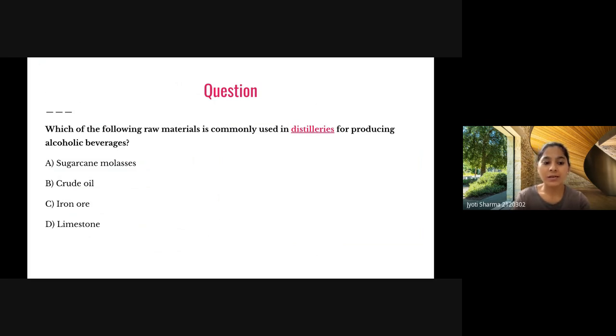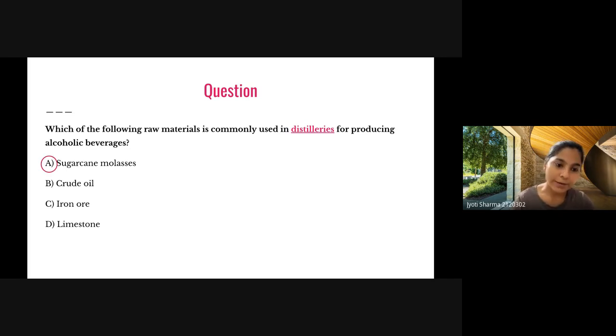Sugarcane molasses, crude oil, iron ore, limestone. I think this answer is very quick to give. Okay, Dia and Venkatesha both gave me A answer. Then yes, it is sugarcane molasses.